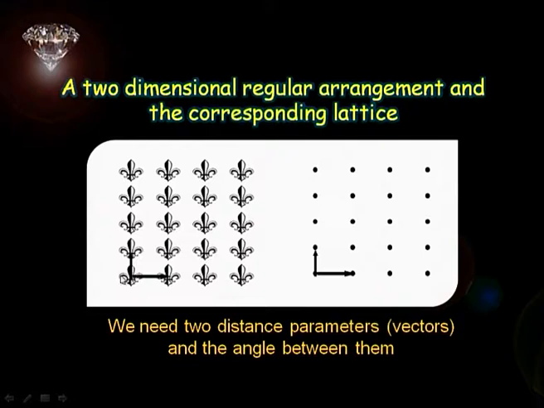I start from this point and put a point here as a representative of my first motif. Then if I move a certain distance given by this vector, I come to the next motif, and the same distance again, another one, and so on. Similarly, such an arrangement can be given in terms of a two-dimensional arrangement of points. So this is a two-dimensional lattice which represents a two-dimensional ordered structure.